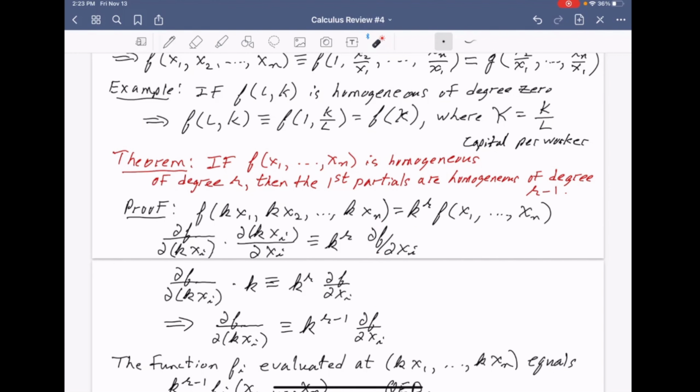So then we can rearrange that, because when you take this derivative, you can see automatically that it's k.